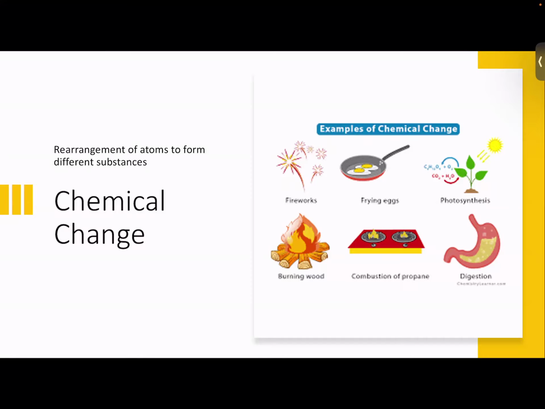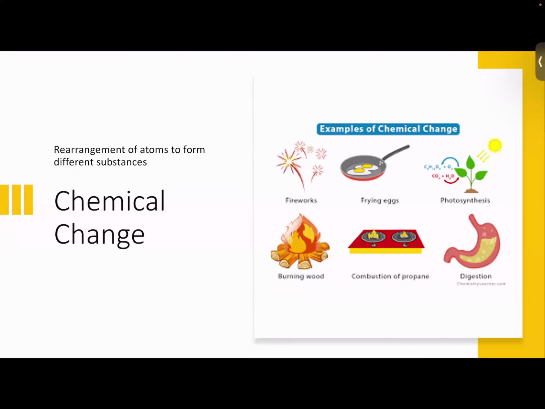You cannot get back the log of wood. It is now carbon and carbon dioxide and water gas and all sorts of things, but you can't get back the wood. These are all examples of chemical changes. So again, a chemical change is going to completely alter the identity of the substances.